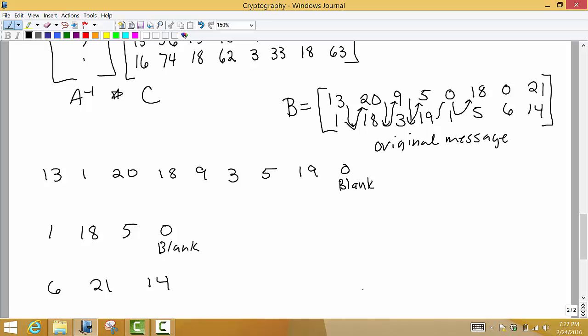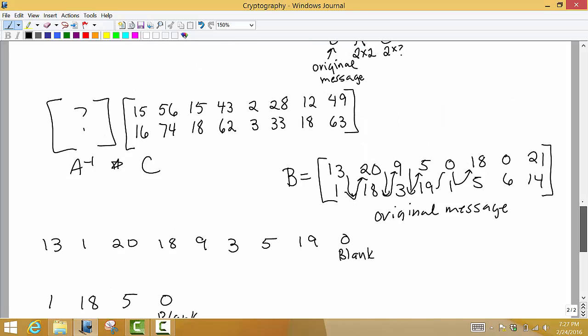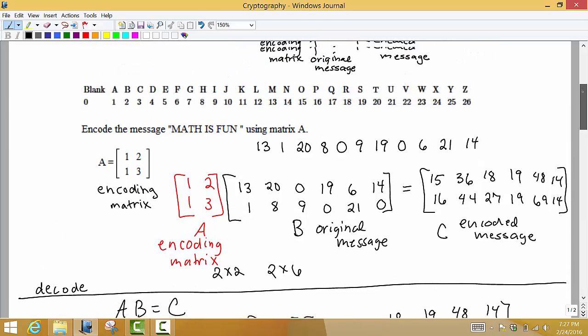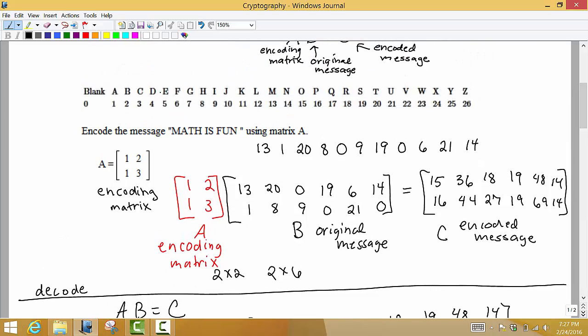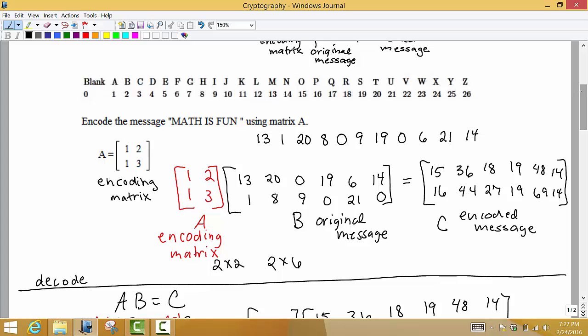So if I go back up to my system here for how I numbered the letters. All right, so we're going to use this right here. If I go back up to that and I start to decode, what's the first number we have? We have 13.